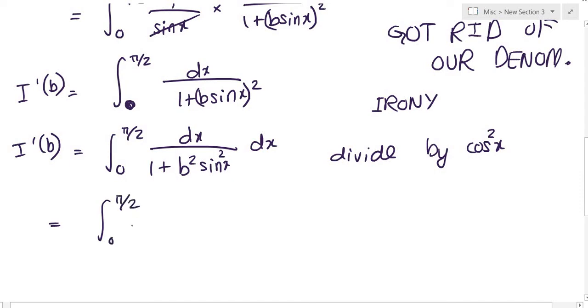So we have the integral from 0 to pi over 2 of 1 over cosine squared x, which is secant squared x. There was no need for a dx, I'm so sorry. dx over 1 over cosine squared x plus b squared sine squared x divided by cosine squared x, which is b squared tan squared x, and we have the dx.